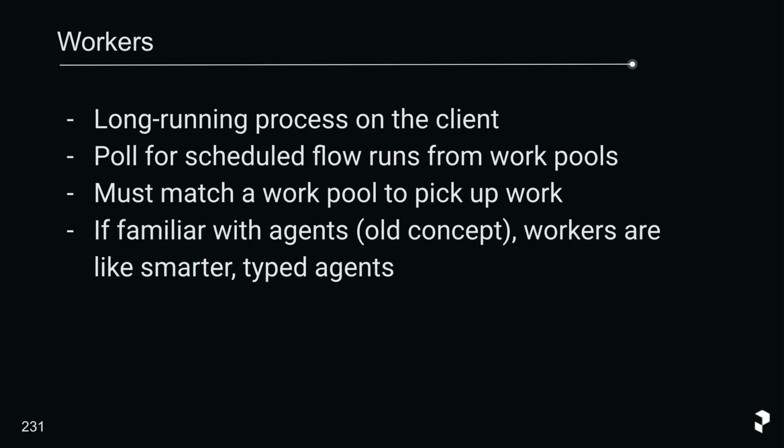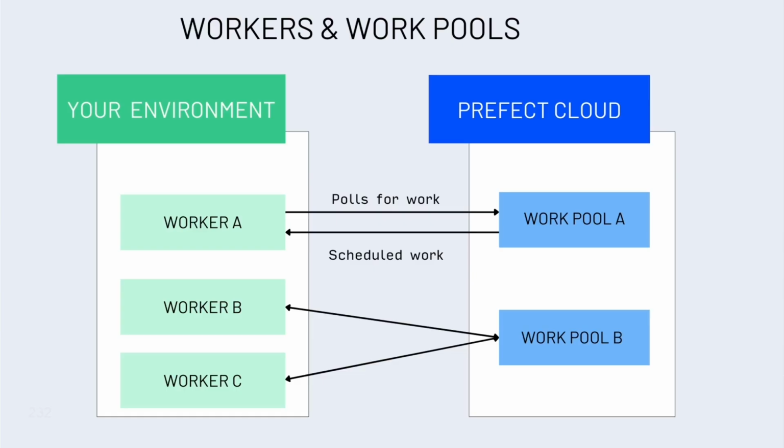If you're familiar with the concept of agents, which is an outdated concept at this point, workers are a smarter version of agents. So here is an example of the flow of information in this hybrid structure. You can see here the separation of your environment from Prefect Cloud.